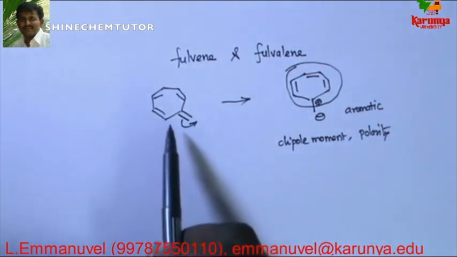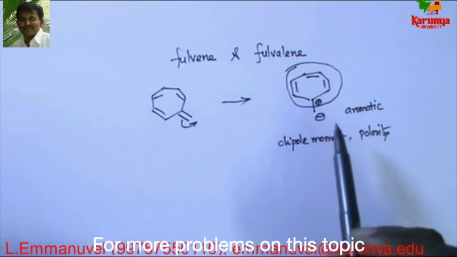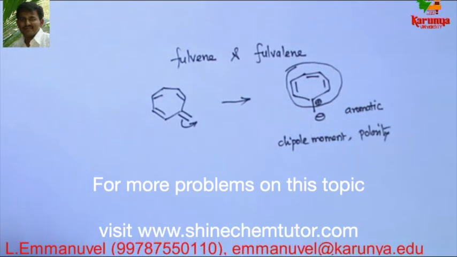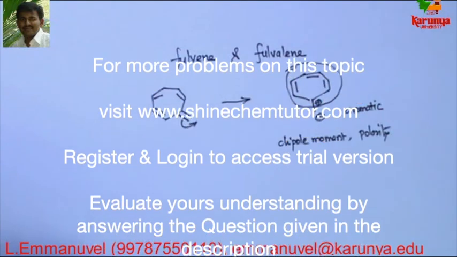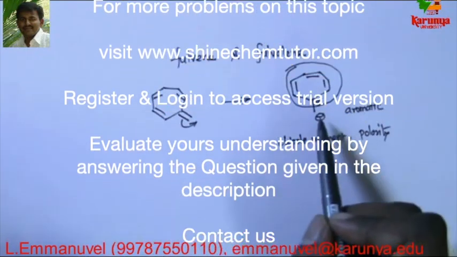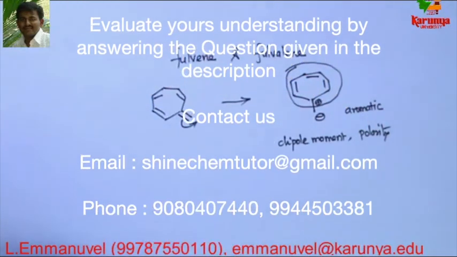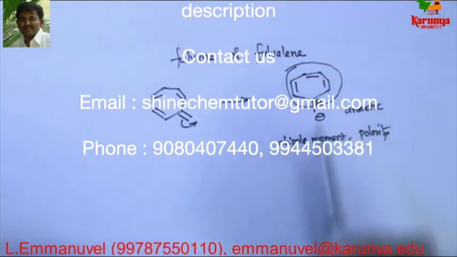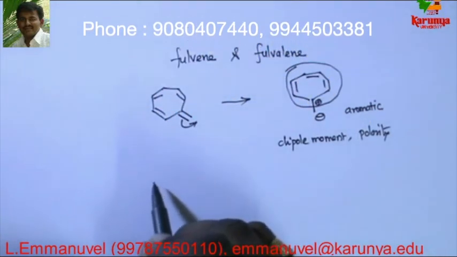If this molecule exists like this, then the dipole moment should be very less. If you consider this ionic form, then the dipole moment should be very high. Similarly, polarity also should be very high. It has been observed that the dipole moment of this compound is higher than that calculated for this, because of this structure. I can go for one more, fulvalene.